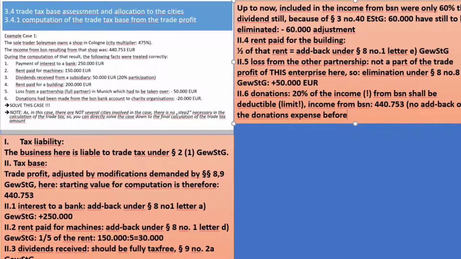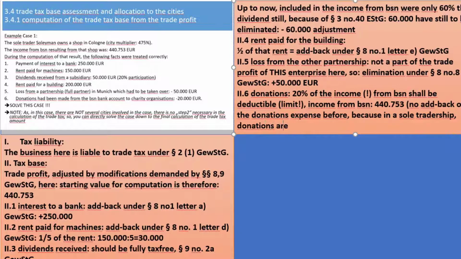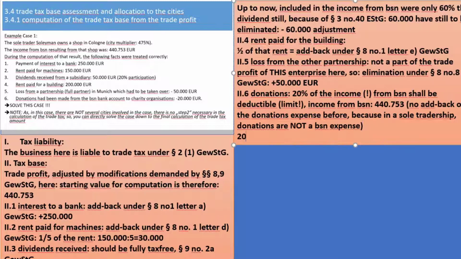Usually that was the first step, you remember that, because in a sole tradership, donations are not business expense, only in case of a GmbH. So the donations expense has never been deducted. So what we have to compute now is how much is that now.